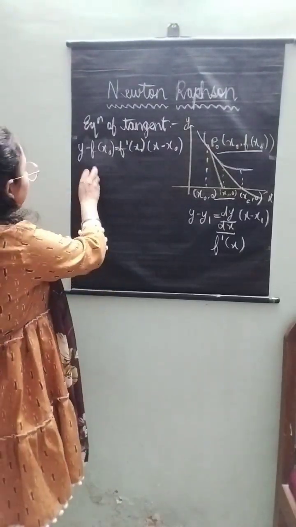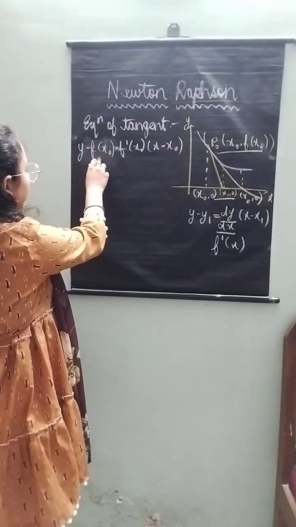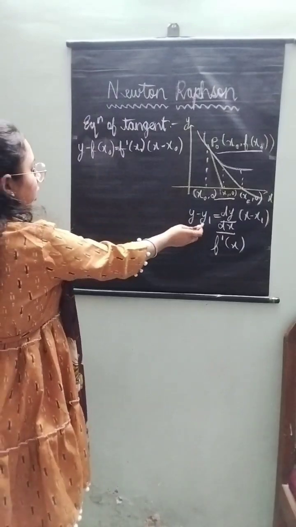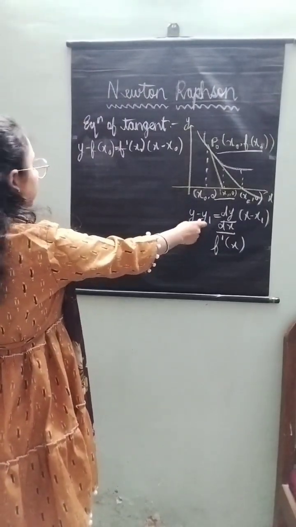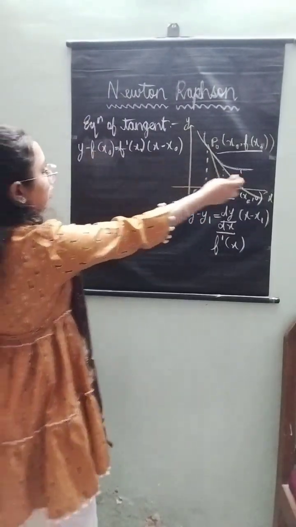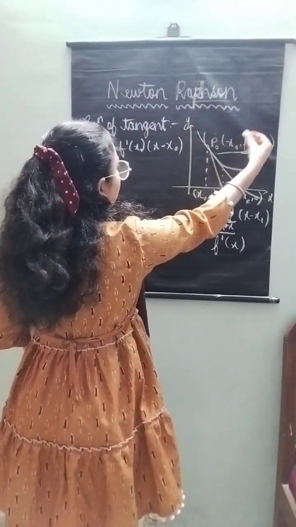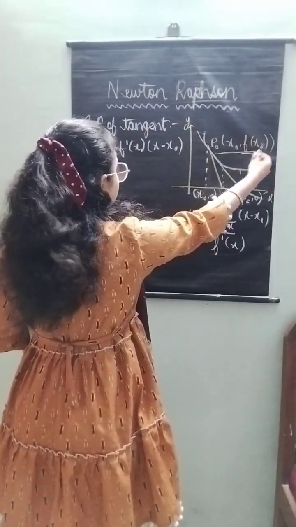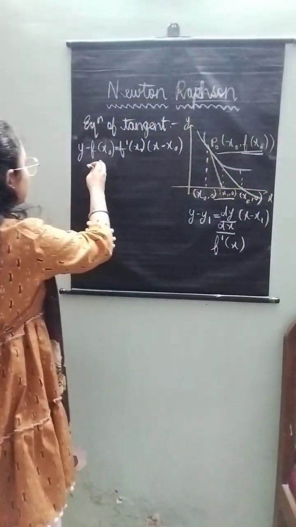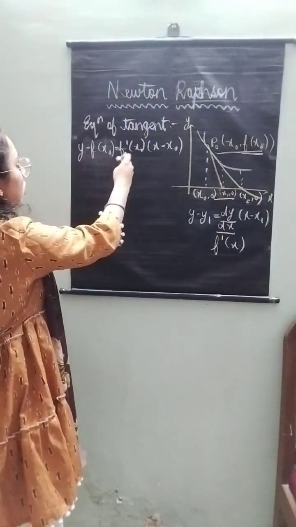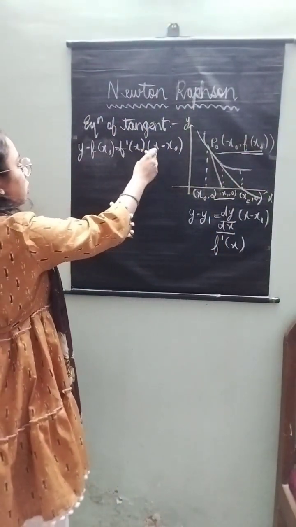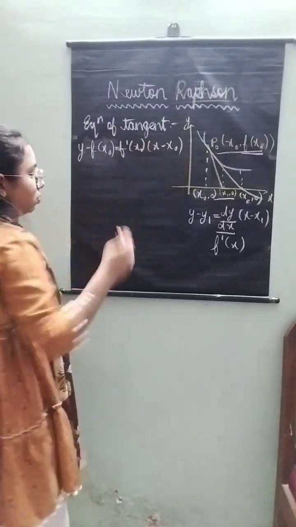It becomes y minus f of x naught, where in the place of y1 it will be f of x naught, because here it is y0, so f of x0 equals f dash of x0 times x minus x0.